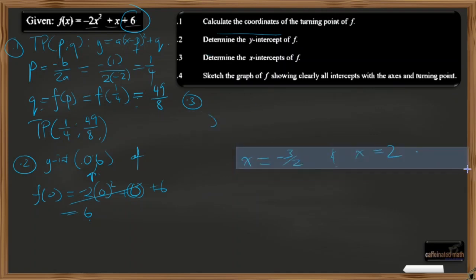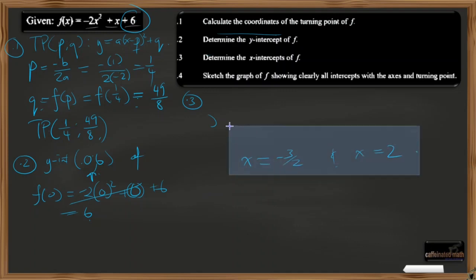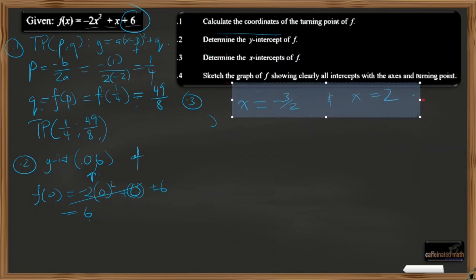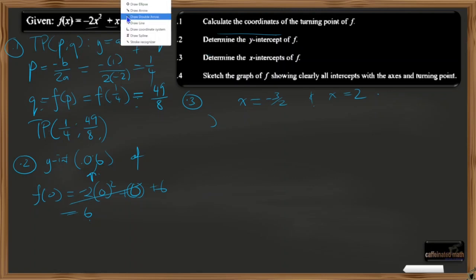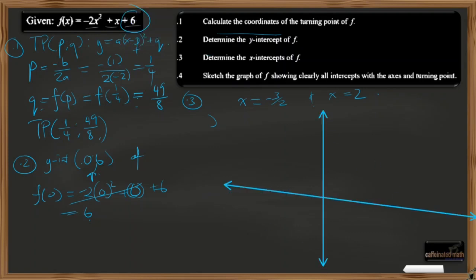Okay, let's get ourselves a set of axes going. So that's one vertical, one horizontal. Let's see if we can draw all of these points.